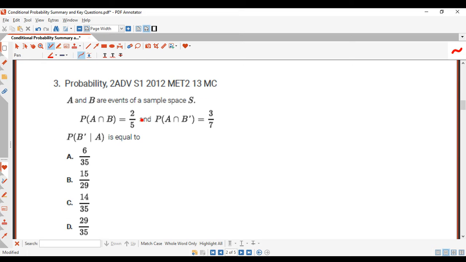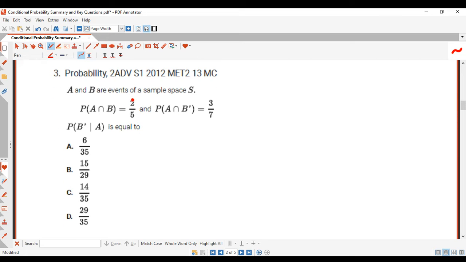Now, let's have a look at this example, question 3, a probability question from the practice questions. This comes from a Victorian paper, and it's probably pushing the boundaries a little bit of what we did at school, but we can still work it out using the theory we just looked at above.